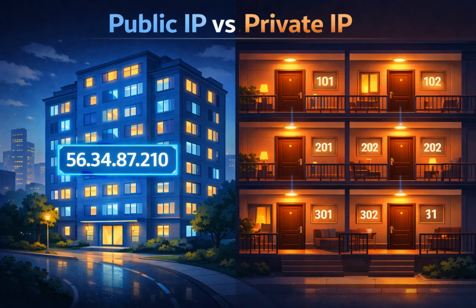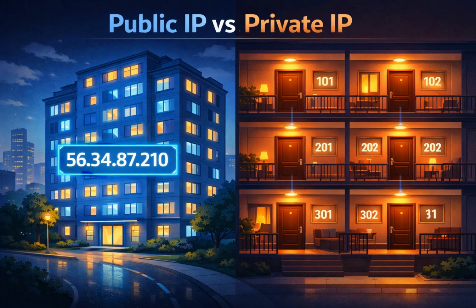Let me use our city analogy to make this crystal clear. Imagine a large apartment building. The building has one main address that everyone outside can see. That is your public IP address. But inside the building, each apartment has its own number. Those are the private IP addresses of each device.